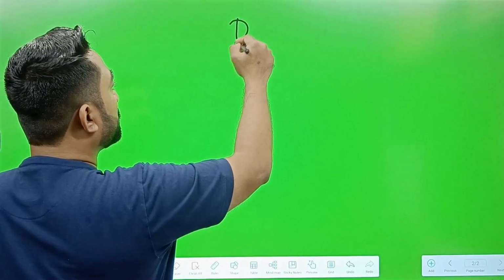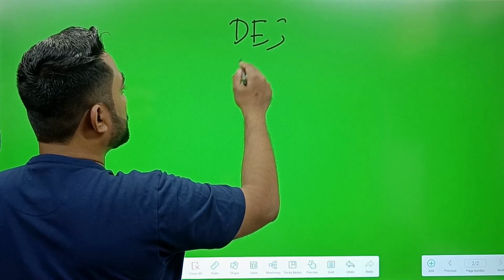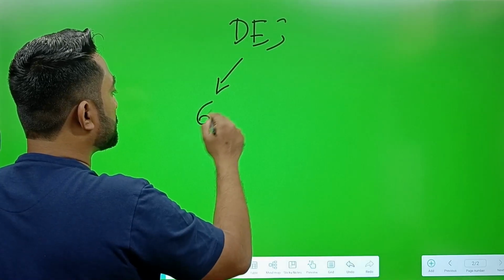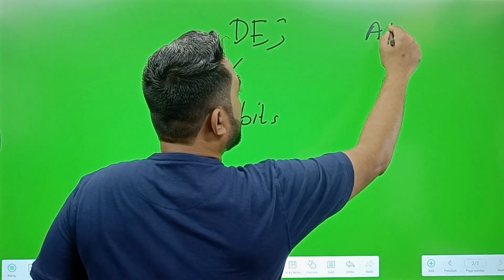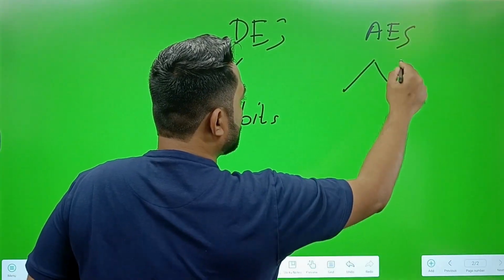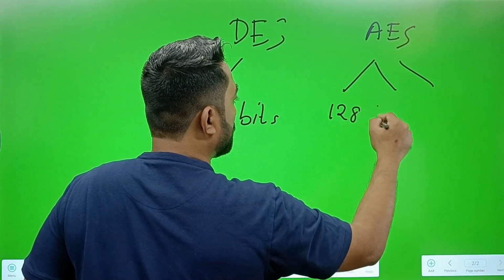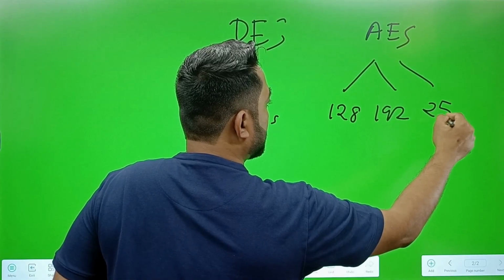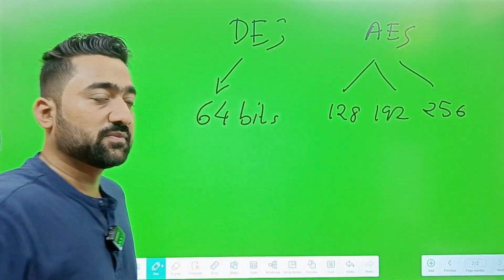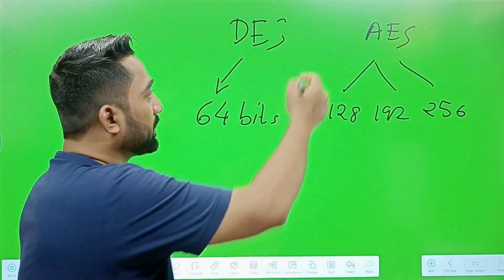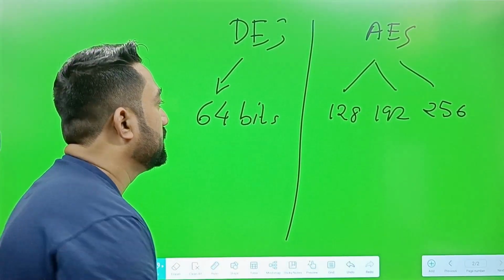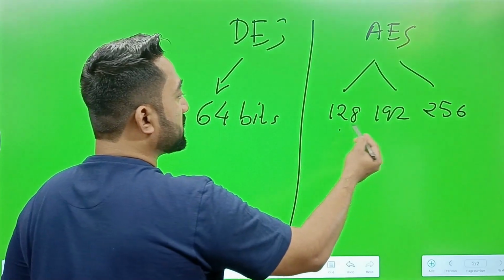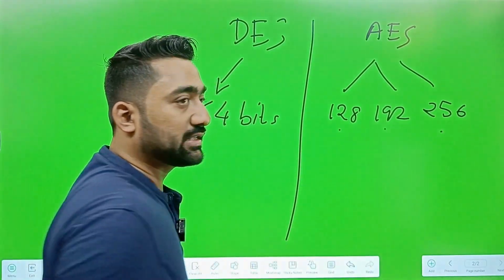As you saw, Data Encryption Standard had a block size of 64 bits. But if you compare it with AES, already we can see a difference, that is, it is of three types: 128, 192 and 256. So this is the very first difference between AES and DES. Secondly, depending upon the block size, there would be different sized keys.